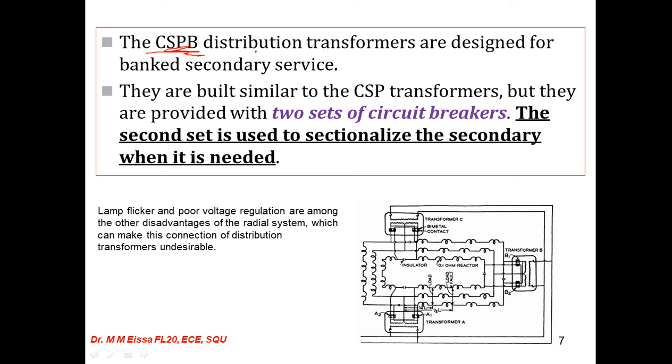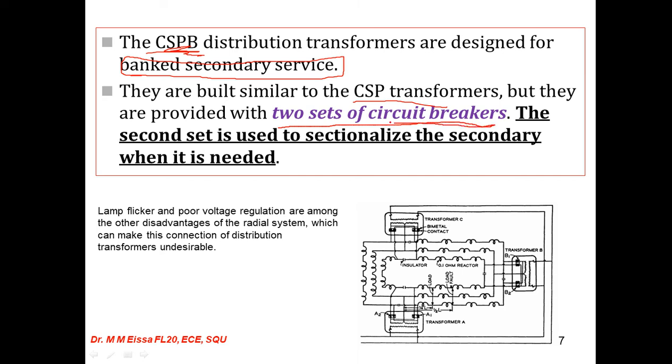Here distribution transformers are designed for banked secondary service. It means banked, it means we have different windings and we have separation using, for example, breakers. They are built similar to the CSP transformer, but they are provided with two sets of circuit breakers.